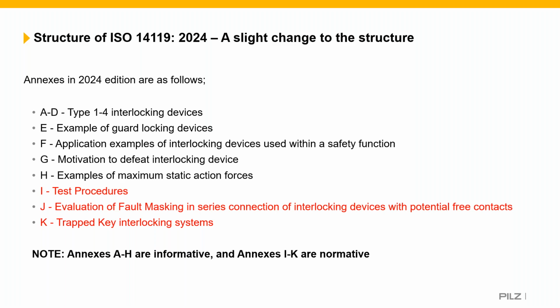H gives us some details about static forces and things that you need to ensure that you have to apply to open or turn a lock on a guard or something like that. And they're all informative. However, the 3 new annexes that are put in there are normative. So these are must do rather than shall do. I looked at test procedures. J is the evaluation of fault masking, and K is particularly for type 5 trap key interlock systems. And again, we'll talk a little bit more about these as we go through this morning.